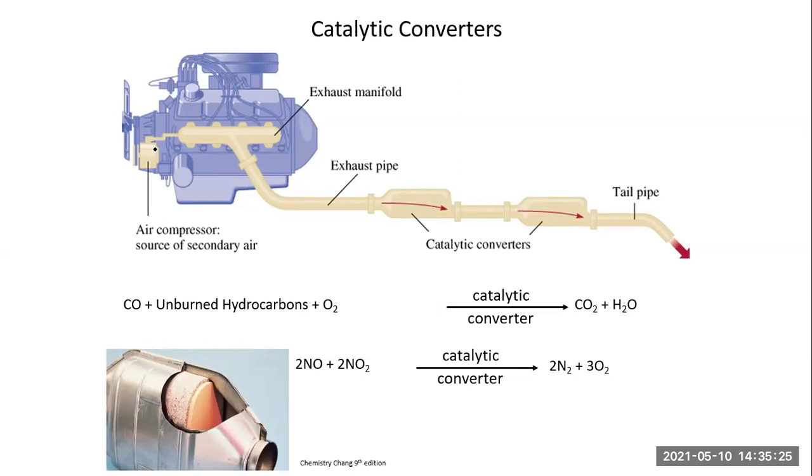Obviously, your combustion happens here in the engine, and all those uncombusted gases and other gases go through your manifold into your tailpipe, and also go through these two processes. The idea there is clean air, hopefully, coming out of the tailpipe if everything's operating correctly, or a lot cleaner than if it wasn't operating correctly.